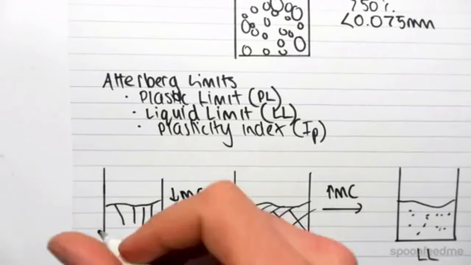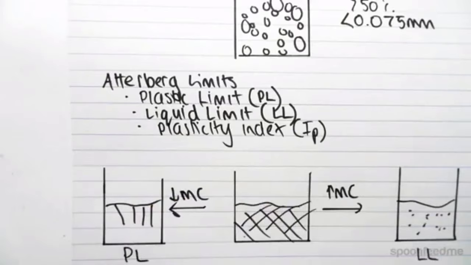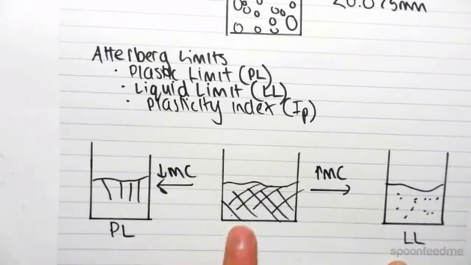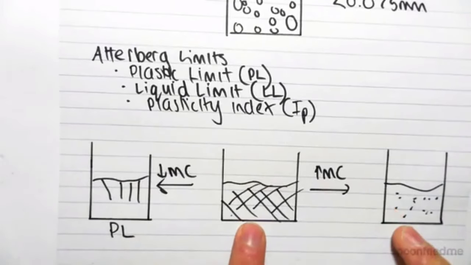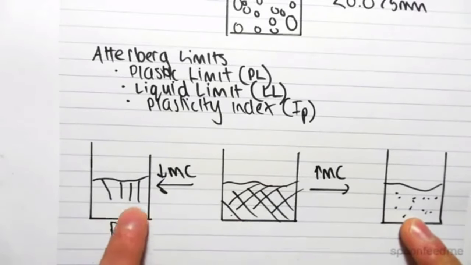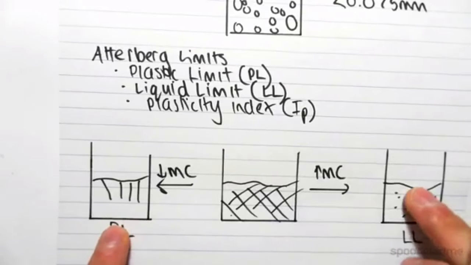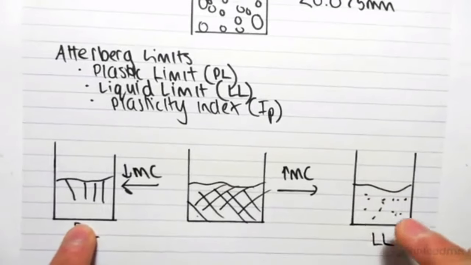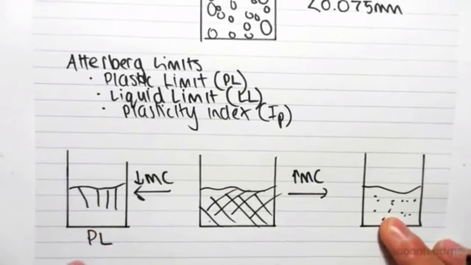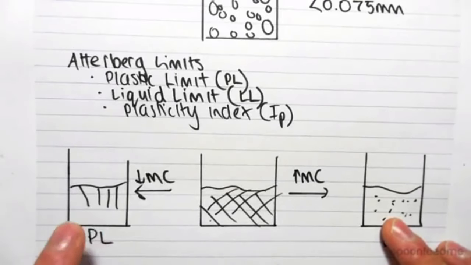It no longer behaves like a plastic material, and we call this the plastic limit. So we have these two limits to a fine soil. We can increase the moisture content such that the solid particles become suspended, and we can decrease the moisture content such that the soil no longer behaves like a plastic material. And these are the limits. Obviously you can go far beyond this, but this is the point at which it becomes suspended and the point at which it becomes no longer behaving like a plastic material.